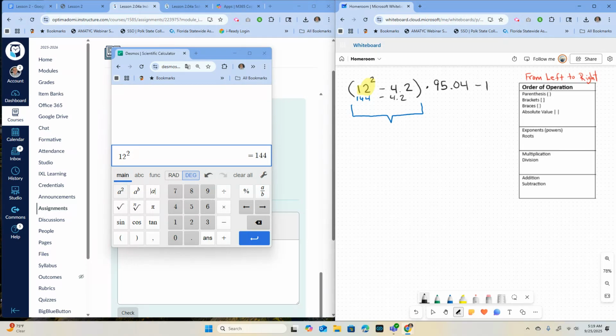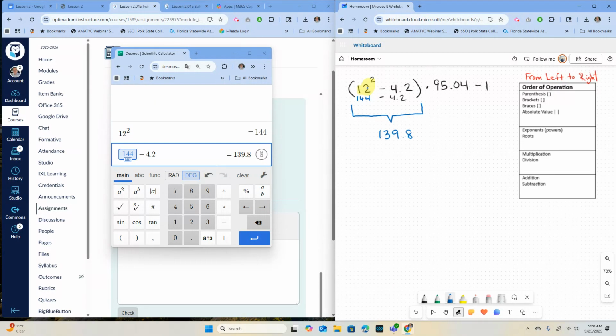In my calculator, I'm going to call my last answer, press the ANS key, and subtract 4.2. And you can see I got 139.8. So that whole parentheses is 139.8.